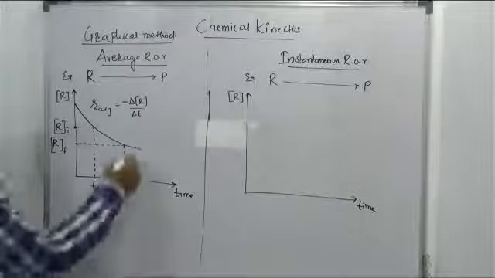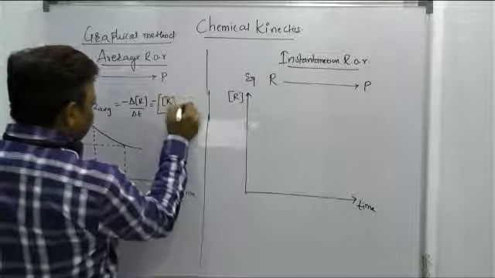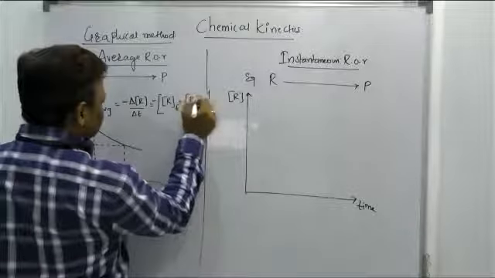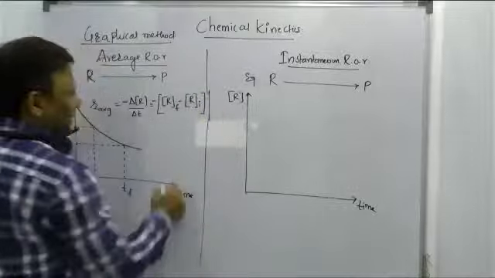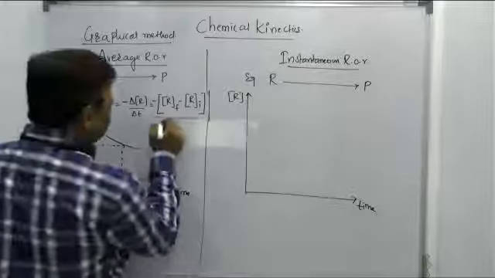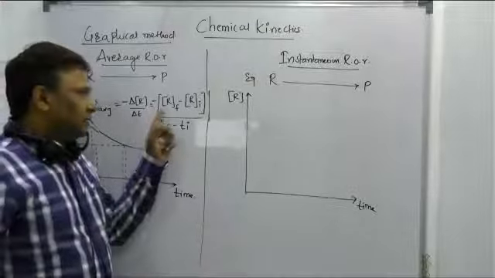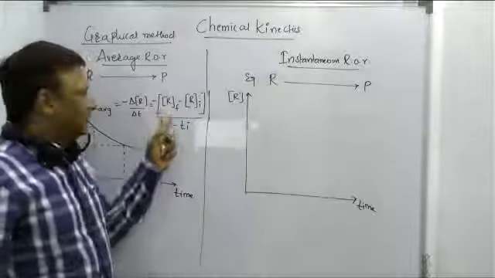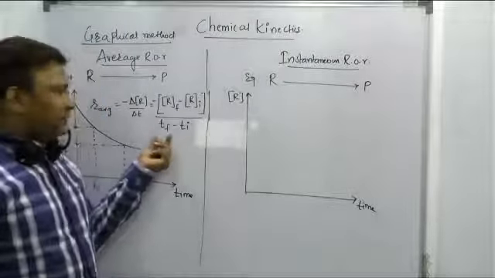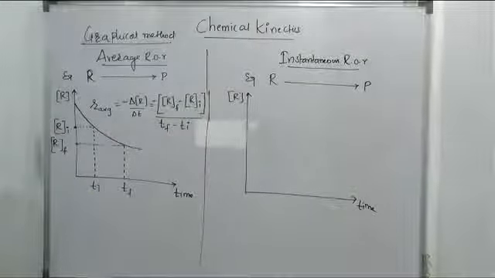That is minus, R final minus R initial, divided by time final minus time initial. That is final minus initial. If you get this, it is the average rate of the reaction.